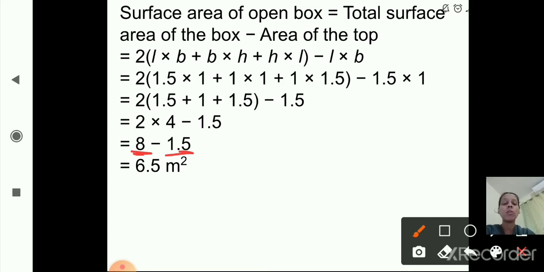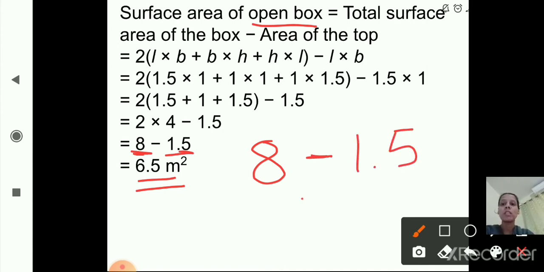Surface area of the open box. Total surface area of the box is 8, but we have to find out surface area of open box. So 8 minus area of the top, that is 1.5. So this is 6.5. Now this is surface area of open box.